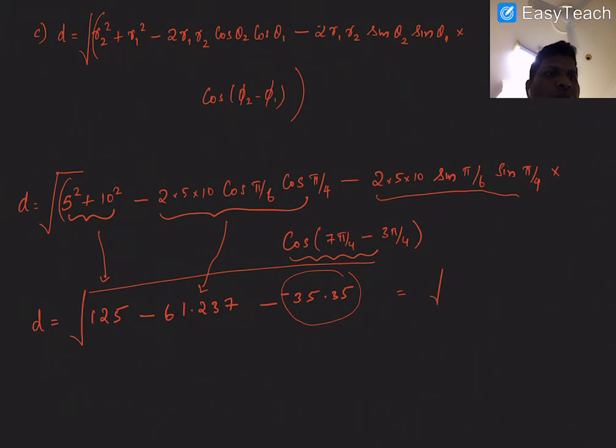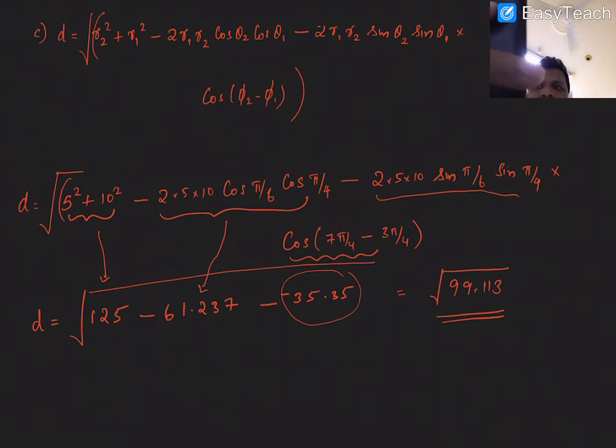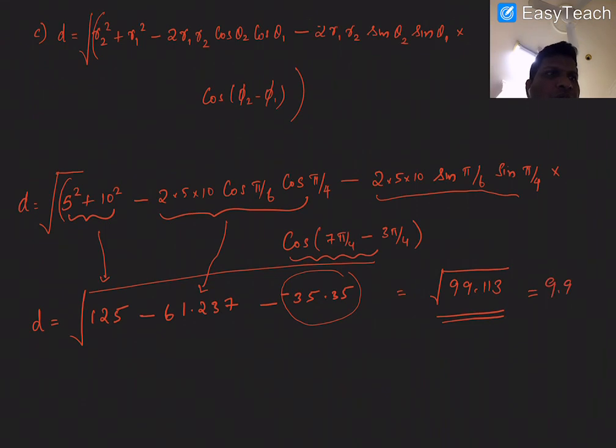So this will be equal to the square root of 99.113. I am getting it like this. So if I take the square root of this, I will get 9.95. So this is the distance between the points. I hope it is clear to you. Thank you.